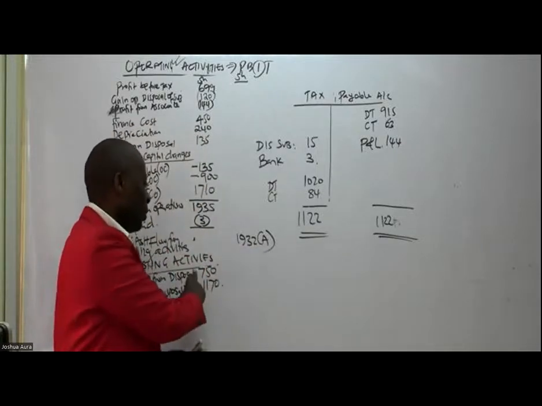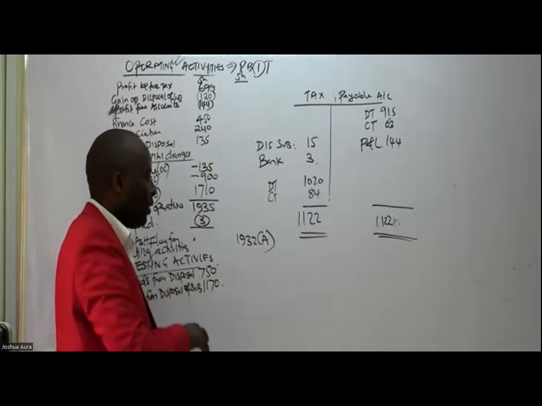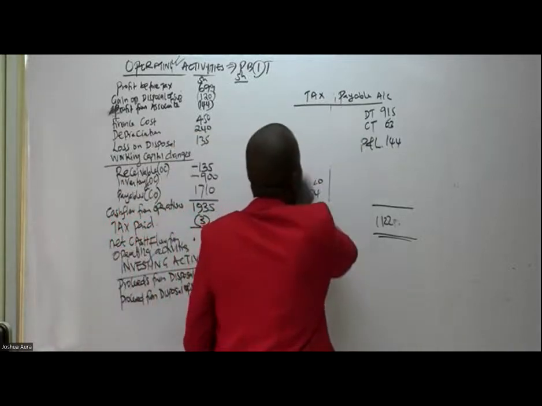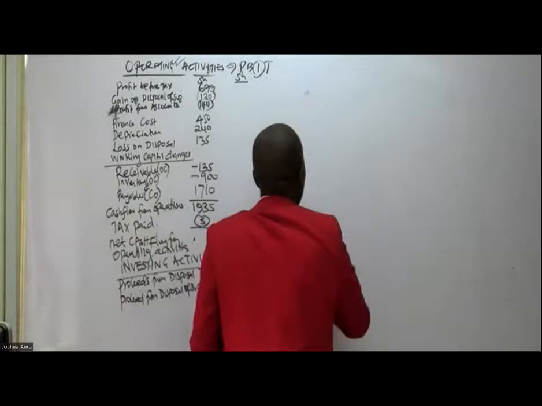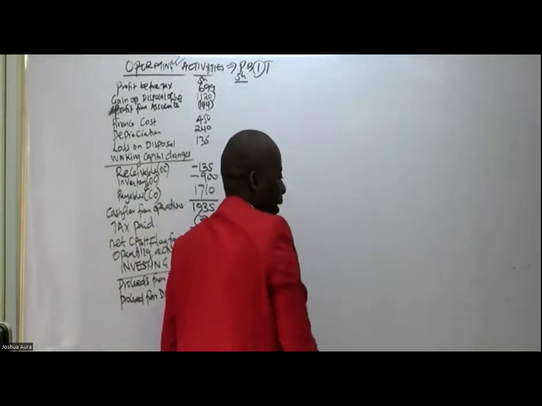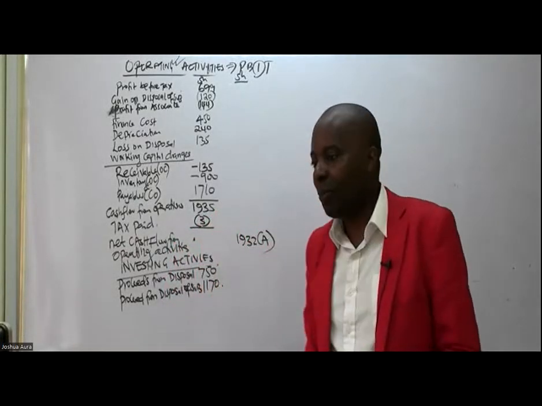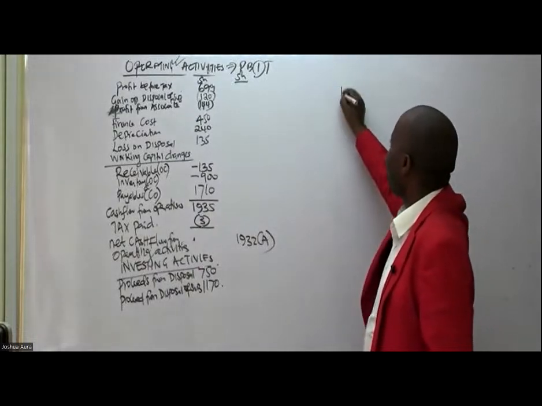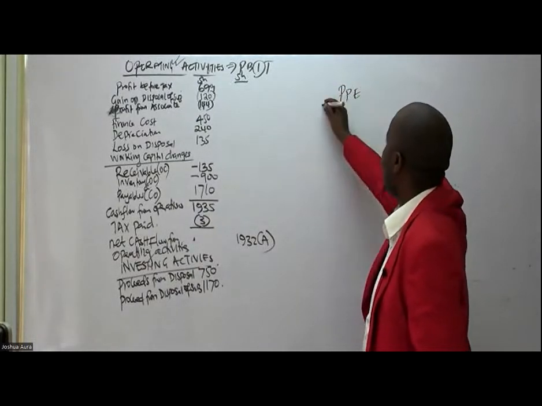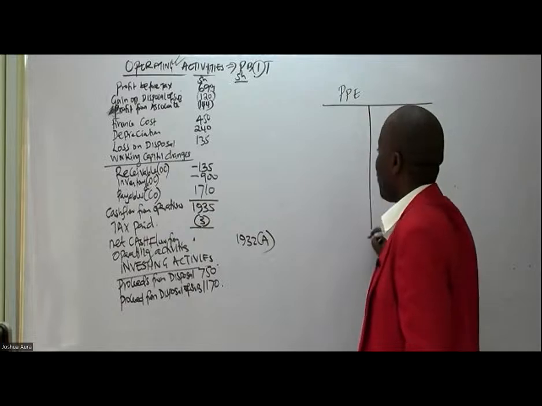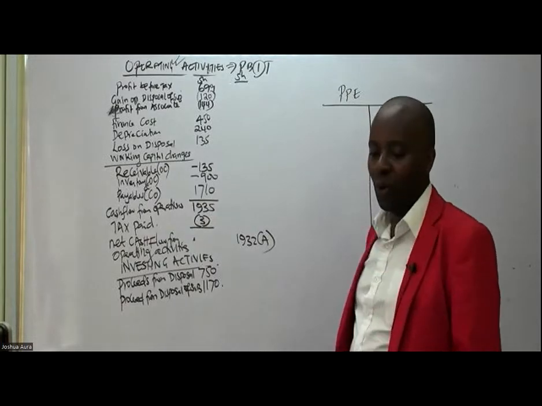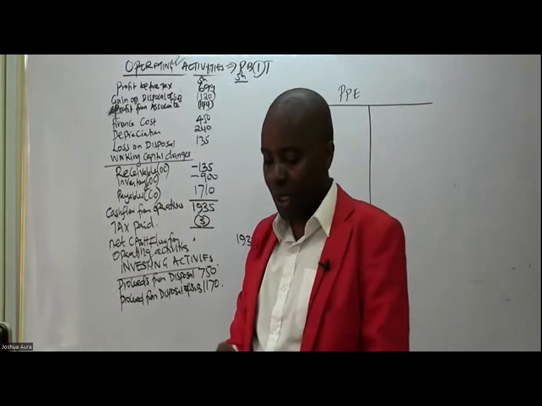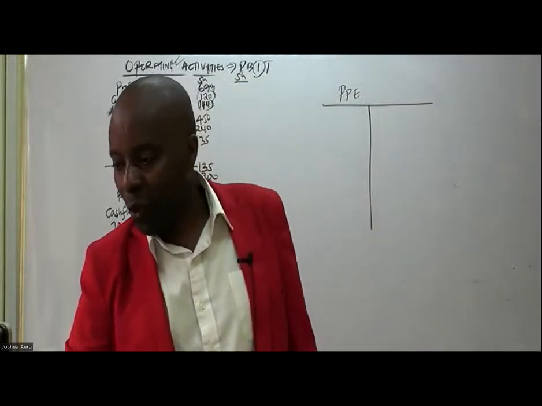So this money will be positive because we received money. So let's do the PPE account. Very important: as you get used to this, of course, you shall be able to do away with these T accounts. But for now, let's work it out.